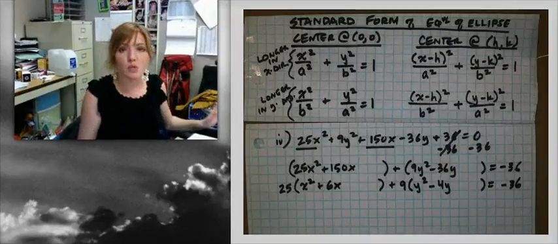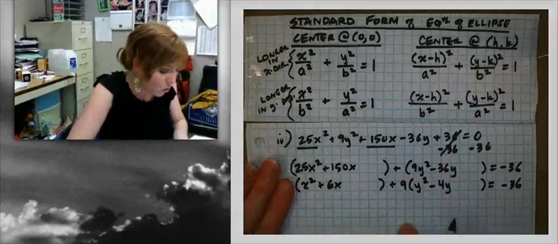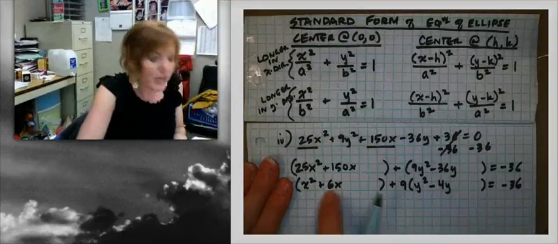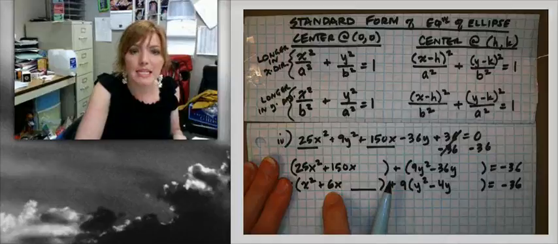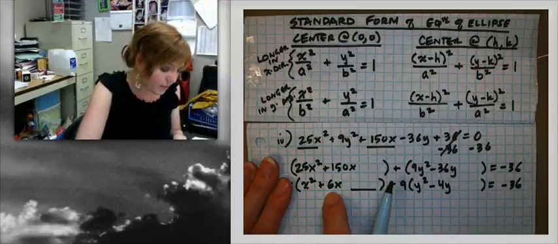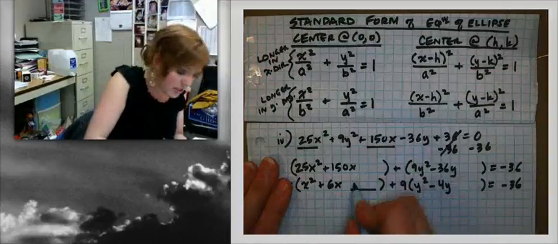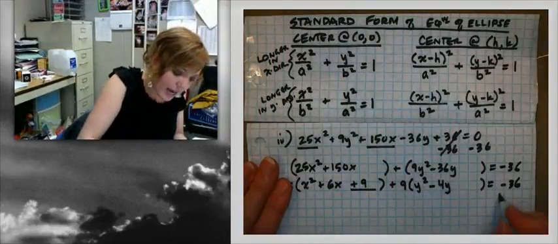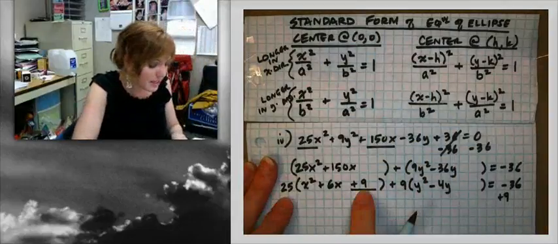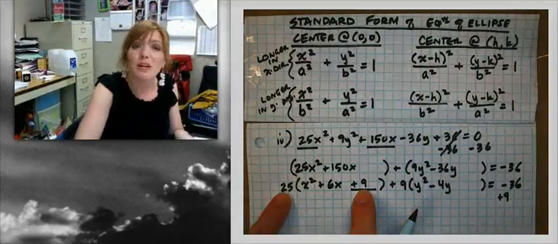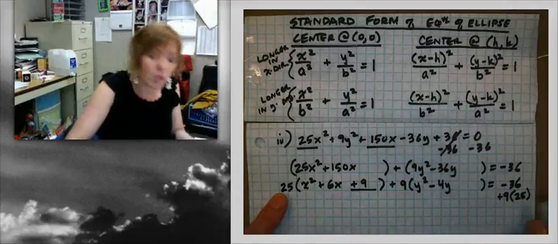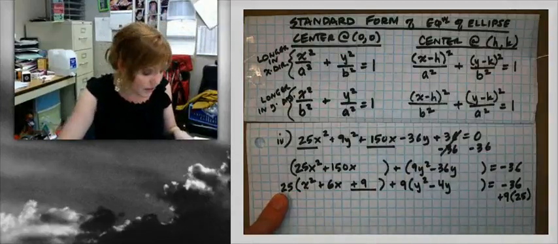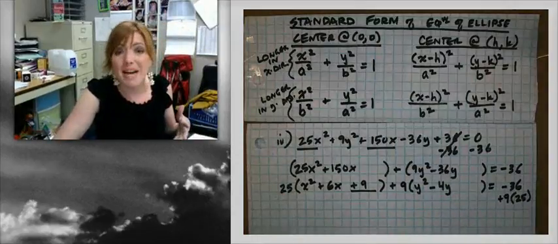Here's where we're going with this. Ignore the 25 initially. To complete this square, we have to add something here. We take half of 6, which is 3, and 3 squared is 9. So we add 9 here. But you notice that this 9 is being multiplied by 25 on the outside, so we have to multiply that 25 by the 9 on the opposite side too, otherwise it's not balanced.